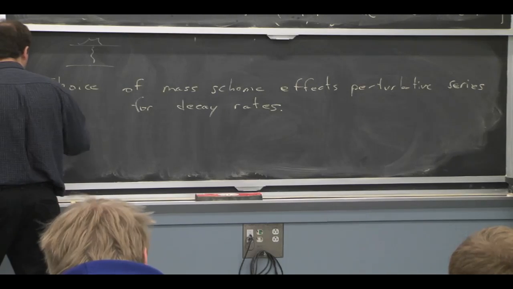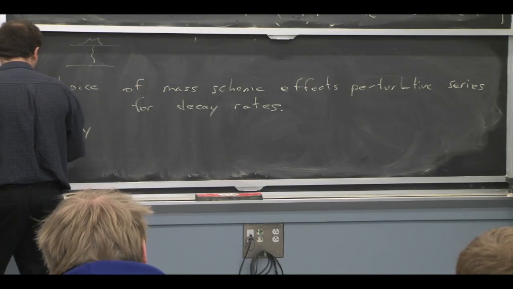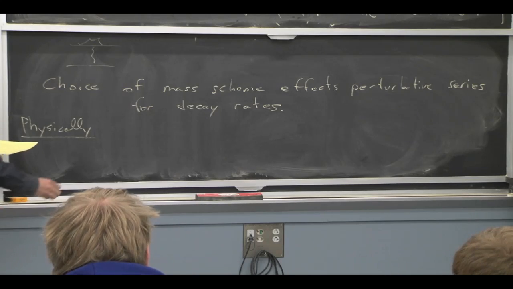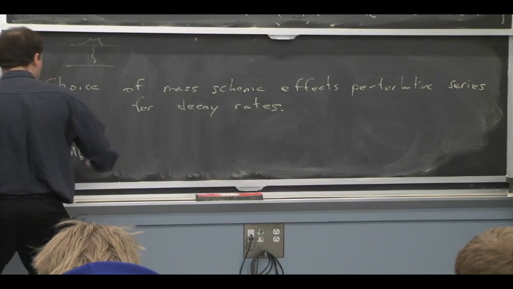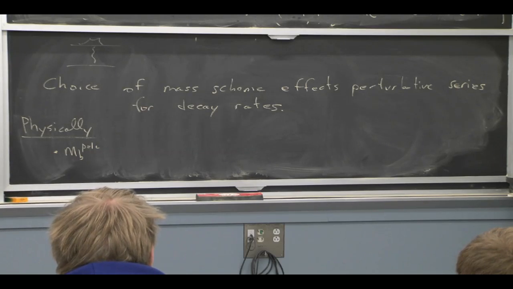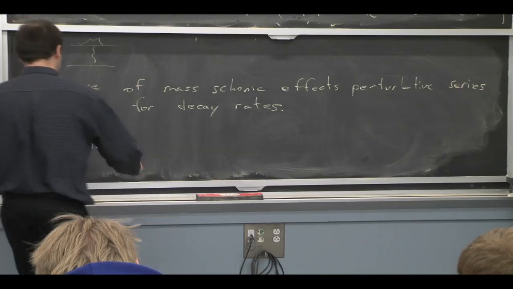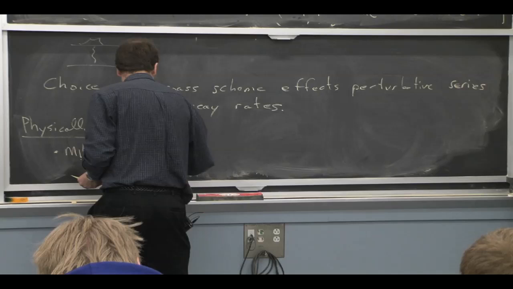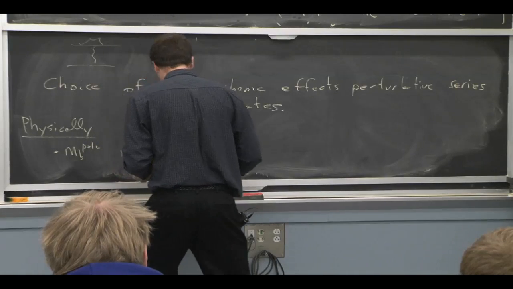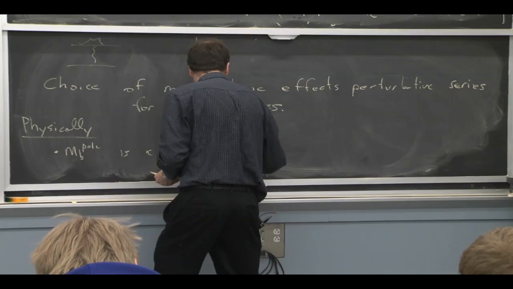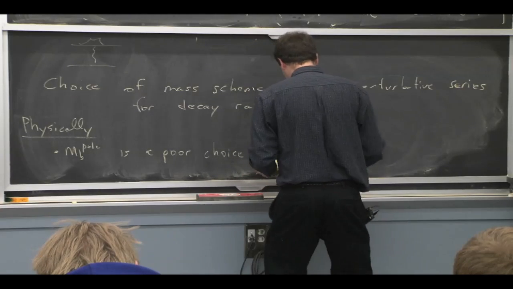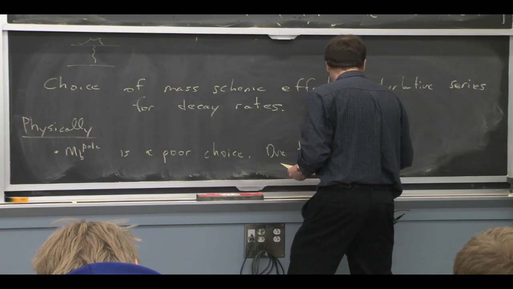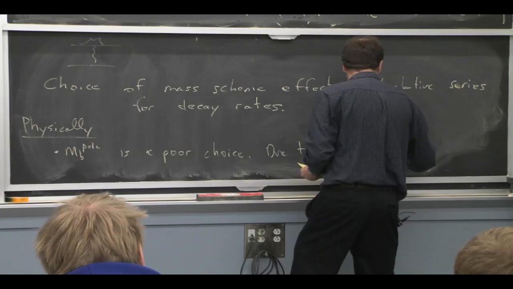Well, physically we can actually argue right away why M_B pole is not so good. That's because physically there is no pole. There's no pole in the quark propagator, and that is because of confinement.